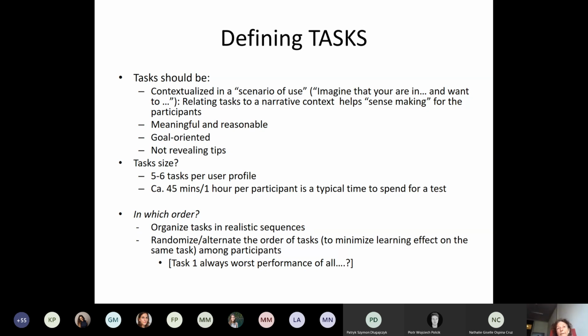So creating the conceptual context, the story context, is important for the user to understand the meaning of the task, to create a sort of sense making for the participants.